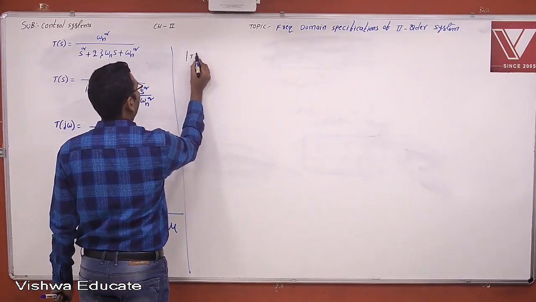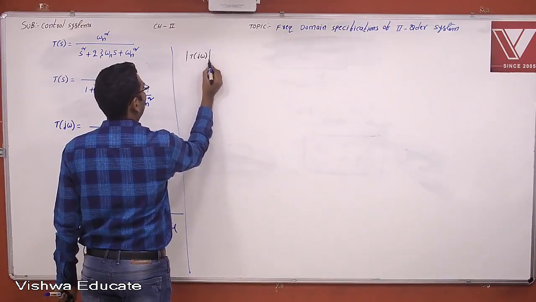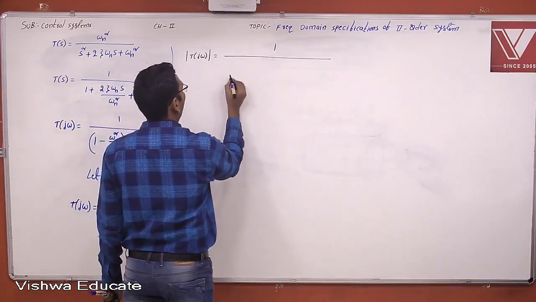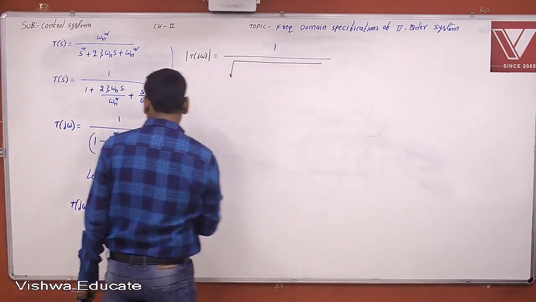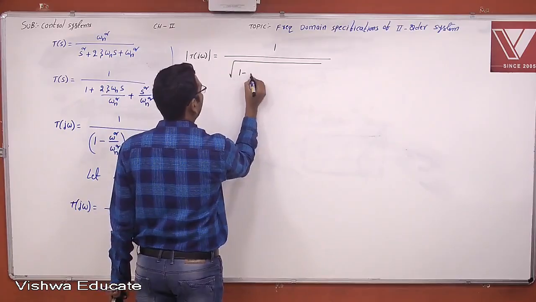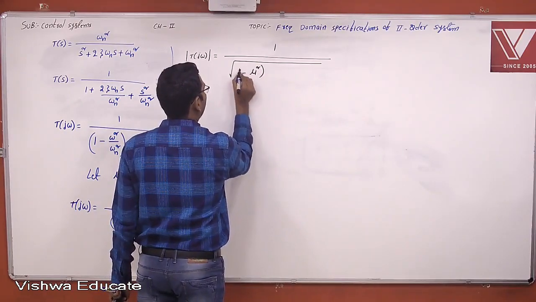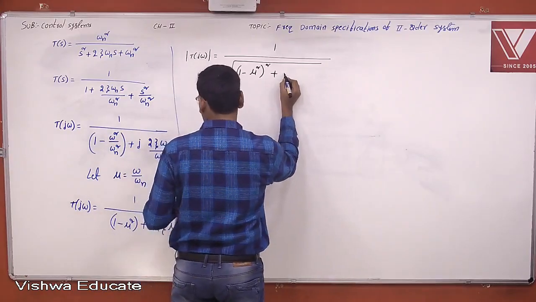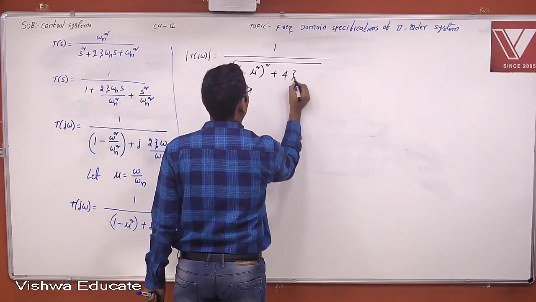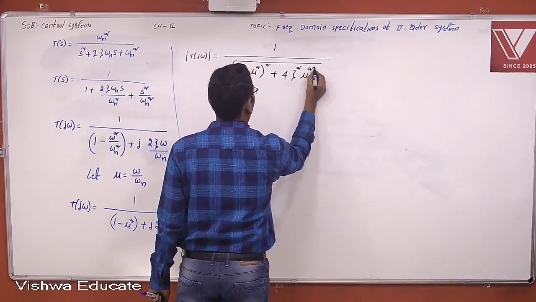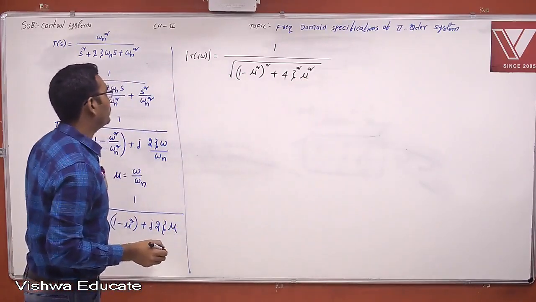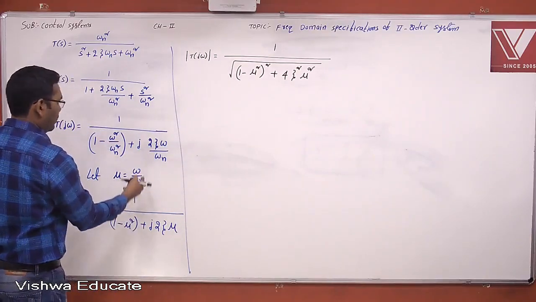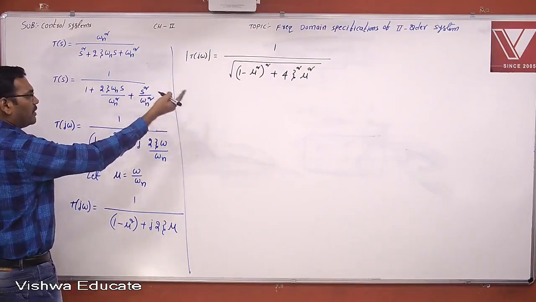The magnitude of T of j omega is 1 divided by the square root of the real part, 1 minus mu square, whole square, plus the imaginary part square, which is 4 zeta square mu square. Okay, this is the magnitude, and this is the magnitude curve, magnitude versus frequency.